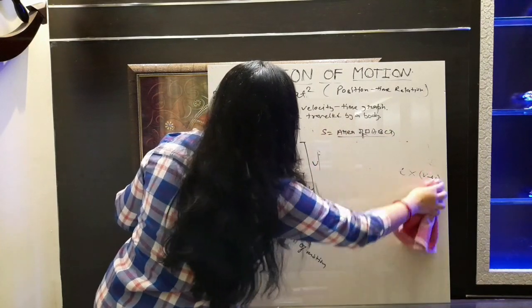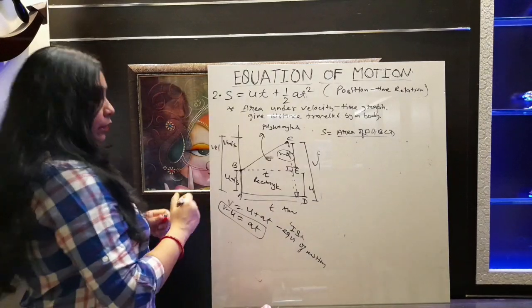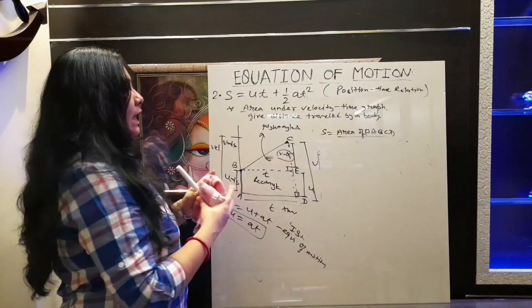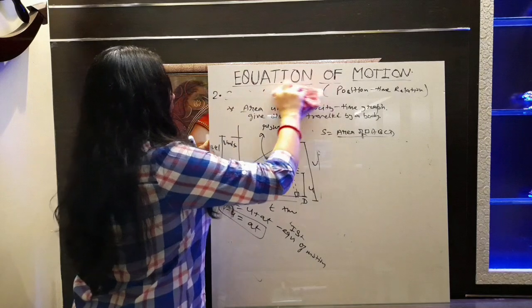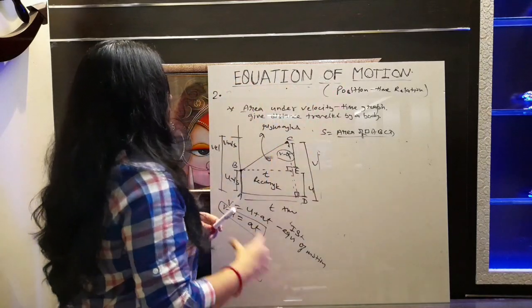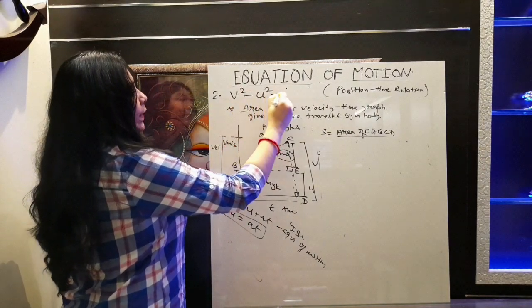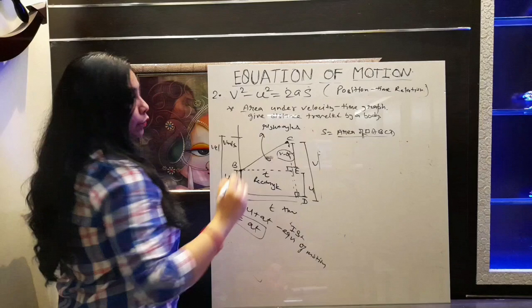Even in the third equation of motion we need S, because our equation is V square minus U square is equal to 2AS.